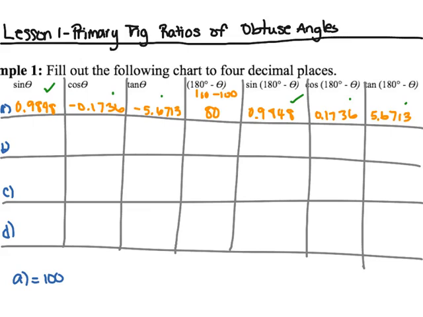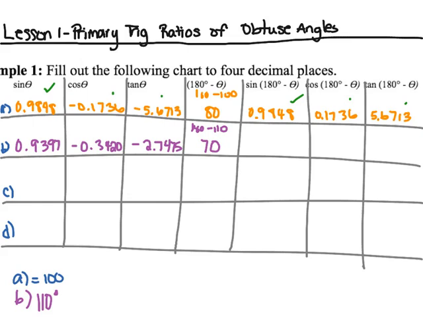So B is 110 degrees, so we're going to fill that out. So it's 0.9397, negative 0.342 after you type this all into your calculator, and the tan of 110 is negative 2.7475. 110 subtracted from 180 is 70.